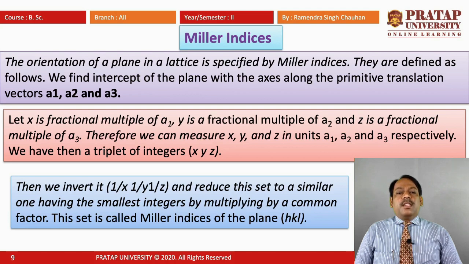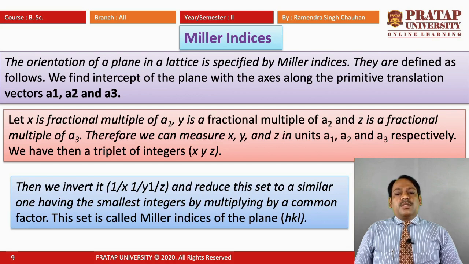Therefore, we can measure x, y, z in units a1, a2, a3 respectively. We then have a triplet of integers x, y, z, and then we invert to 1 upon x, 1 upon y, 1 upon z, and reduce this set to a similar one having the smallest integers.